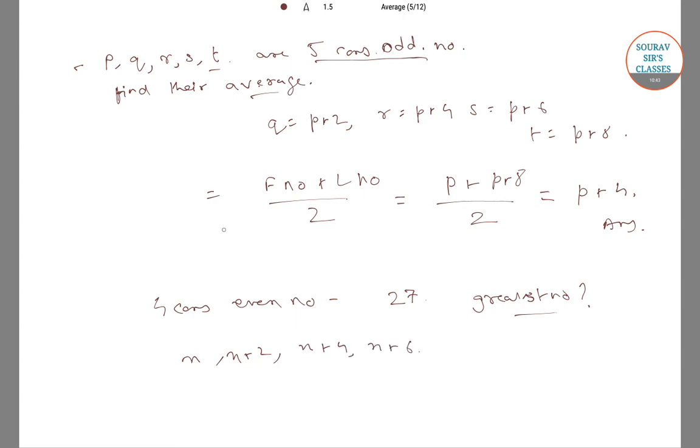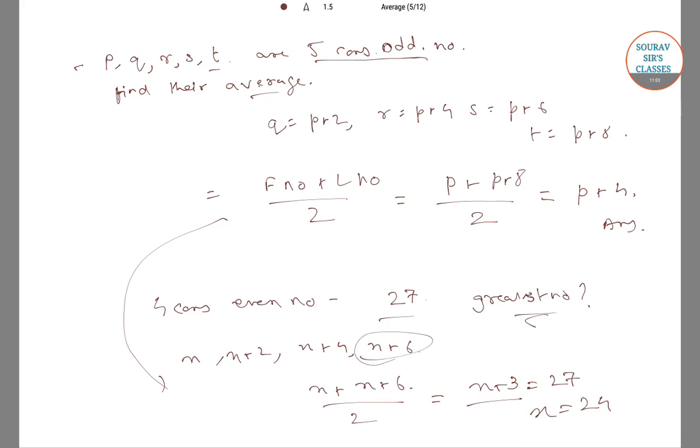Then using the same formula we will have their average as x plus x plus 6 divided by 2, which is equal to x plus 3. So from the question we have x plus 3 is equal to 27. So our x would be equal to 24. So the greatest number would be x plus 6, which is 24 plus 6, equal to 30. So our answer, the greatest number, would be 30.